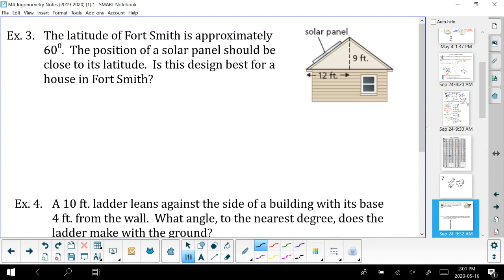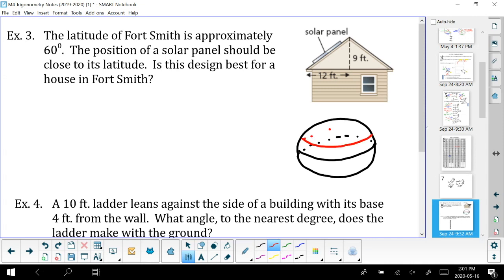latitude is. If you recall, if we take a look at the Earth as a giant sphere, and let me do my best impression of a sphere here. And we have some sort of sphere that looks like that. Your lines of latitude are really just east to west lines that circle the entire circumference of the Earth.